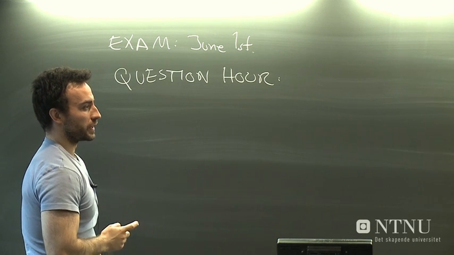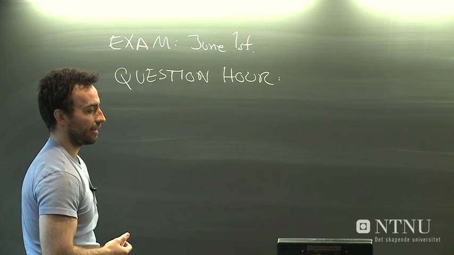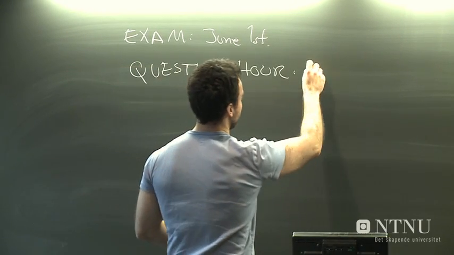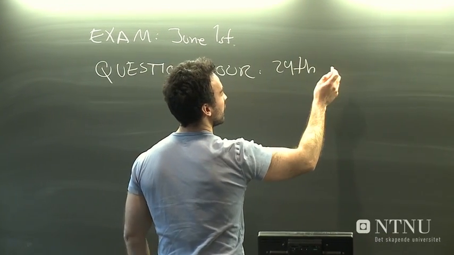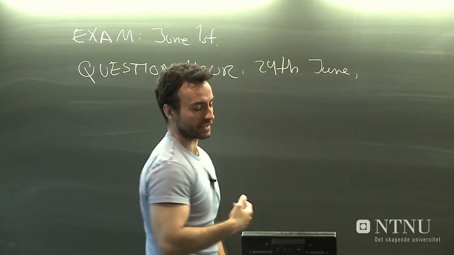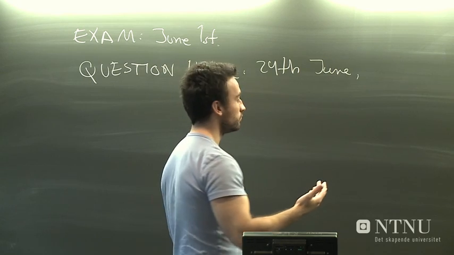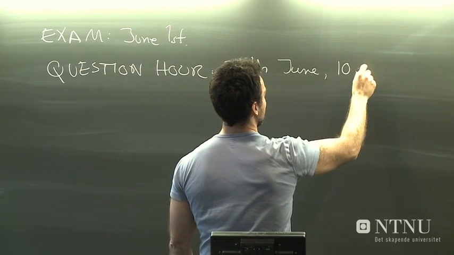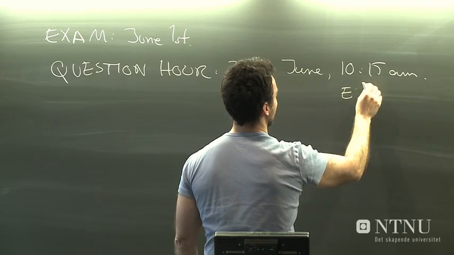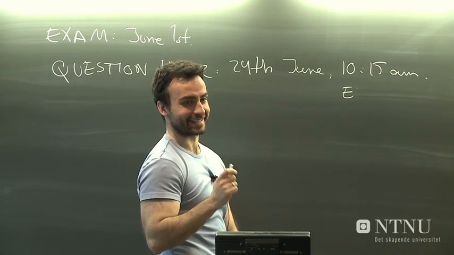Okay. So let's aim for that. I'm not sure about which room is available then, but we'll find a room. Okay, so let's take 24th. And same time as the lecture is usually, so oh, sorry, it's okay, so let's do 10 instead of 8.